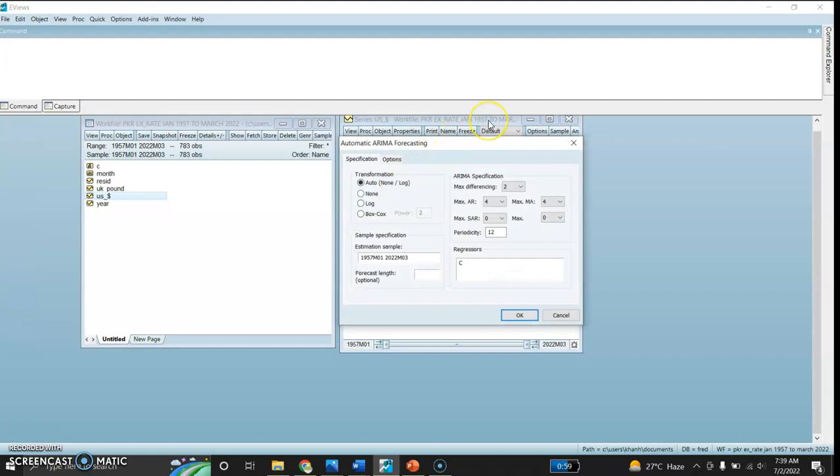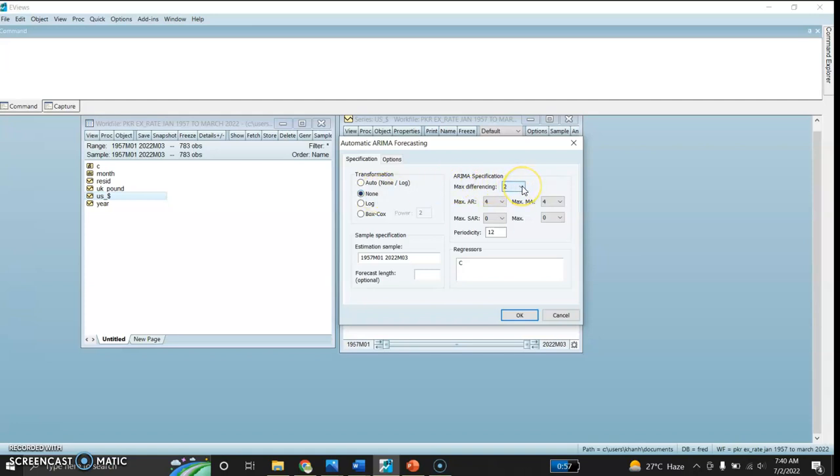So I get this toolbar, and in this toolbar I may click on this, or I may click on this. So let us suppose I don't want to transform the data.